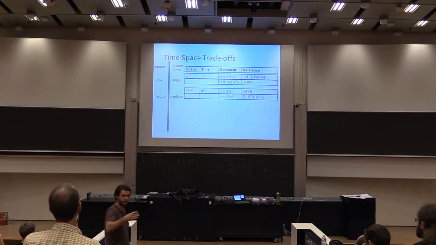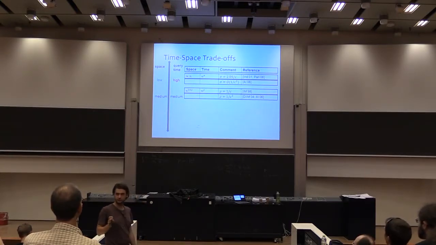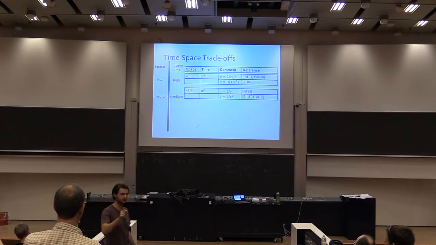Okay, so if you're really tight on space, then you can increase the query time. The gist of the algorithm, or the difference in the algorithm, is that you construct much fewer hash tables, maybe just one hash table, but when you query, you don't query just one bucket. You query the bucket corresponding to the query, but also some nearby buckets.